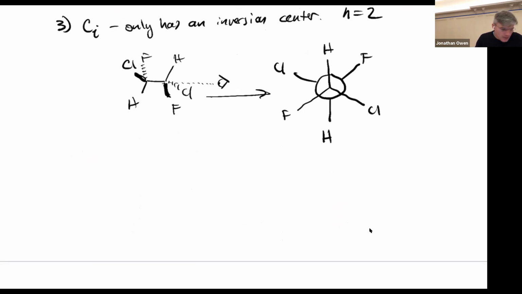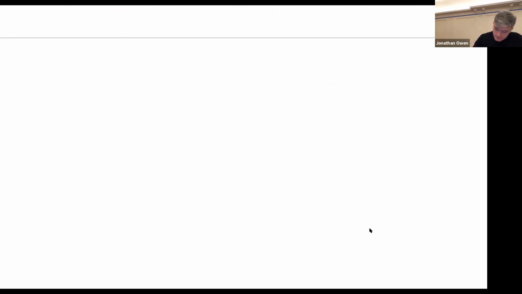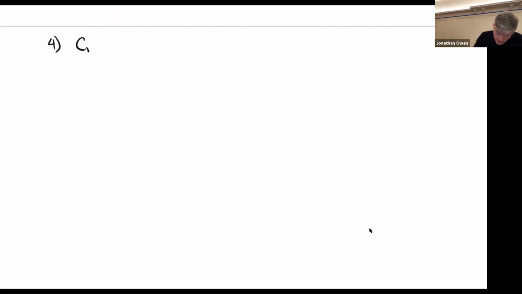Let's take a look at, I'm going to jump to a whole new page here. We're going to do Cn, and here n is greater than 1. So these only have n-fold rotations.